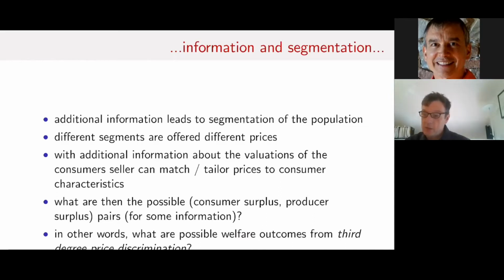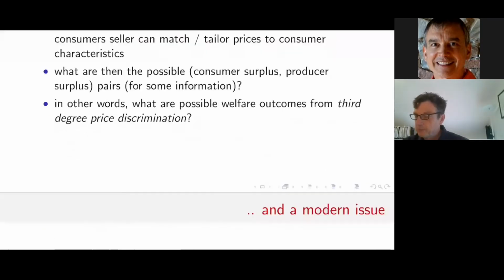And the big question that we're going to pursue today is, as we vary the information that the seller has about the buyers, what are the possible pairs in terms of consumer surplus and producer surplus that can be obtained for some kind of information and for some kind of segmentation that we will get in the market. In other words, what we want to know is what are the possible outcomes that come from third-degree price discrimination.